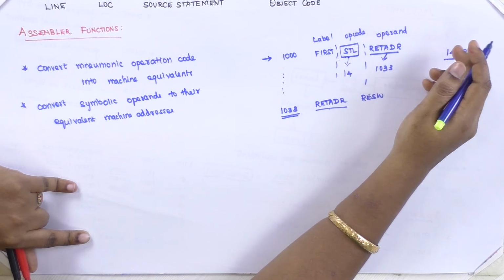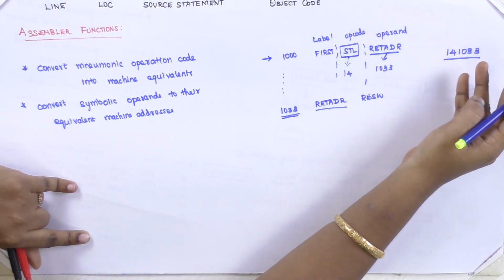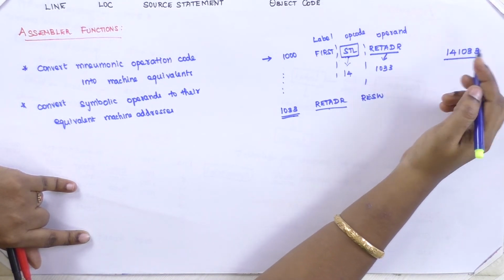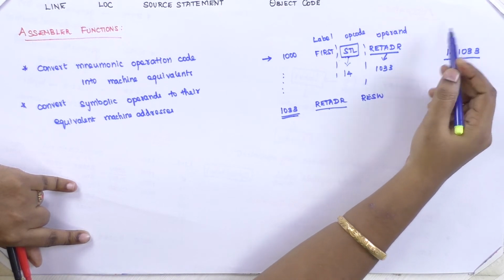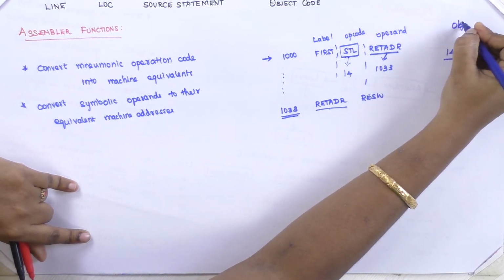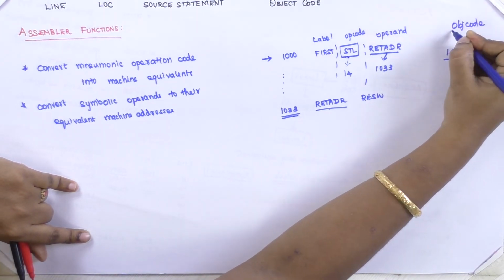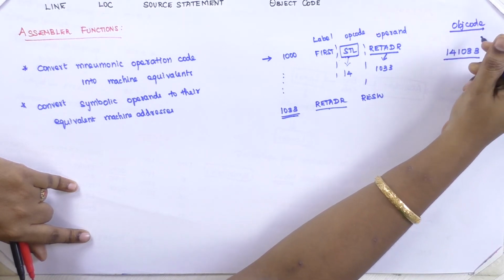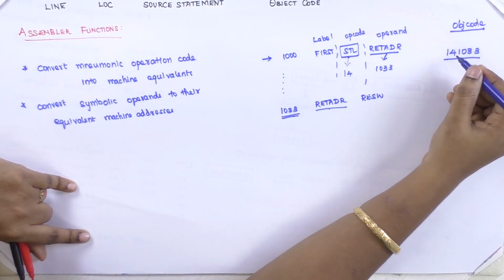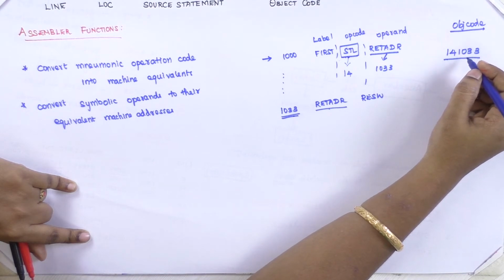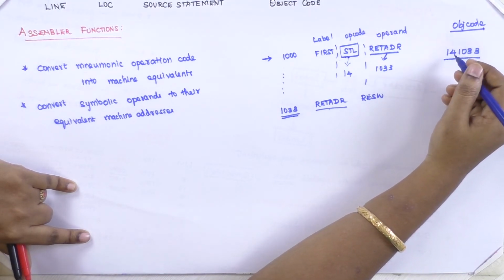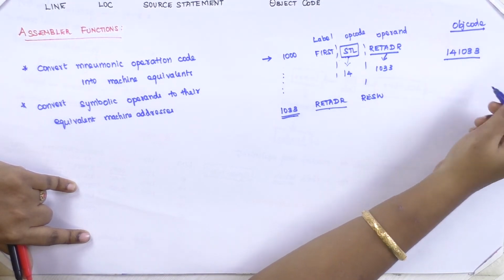SIC supports only two addressing modes, direct and indexed addressing mode, so it is very easy to form the object code. Whereas in SIC/XE we have many addressing modes, so the formation of object code will be somewhat indirect. We will discuss this in later sessions.